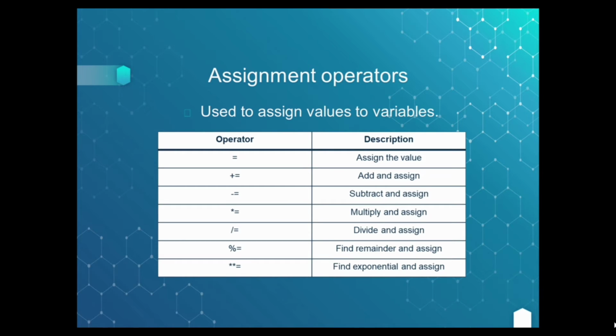Assignment operators are used to assign values to variables. In the first one, the equals symbol is used for assigning the value to a. The next is adding and assigning the values, the third is subtraction and assigning, then multiplication and assigning, divide and assign, find the remainder and assign, and find the exponent and assign the values.